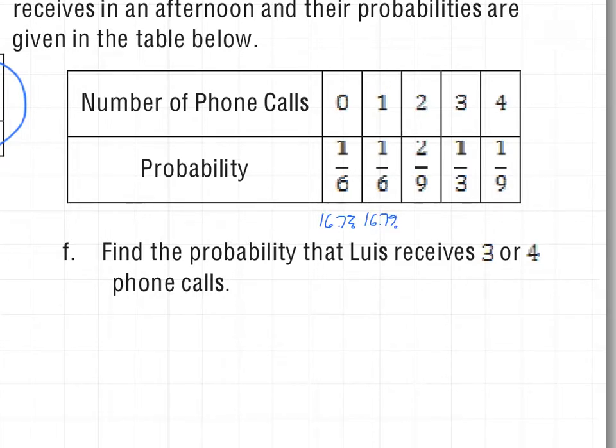And here I add them up, 2 out of 9. That's going to be approximately 22.2%. 1/3 is going to be approximately 33%, and 1/9 is going to be approximately 11.1%.